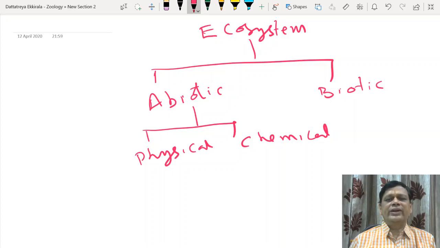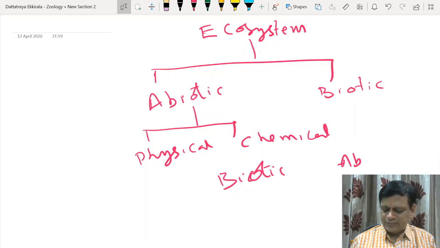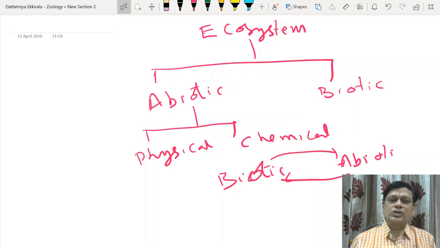Acidity, alkalinity, pH of water and soil, these are all the things which come under chemical components of ecosystem. Ecosystem means an interaction between both biotic and abiotic. So these two things act like a unit that constitutes an ecosystem.